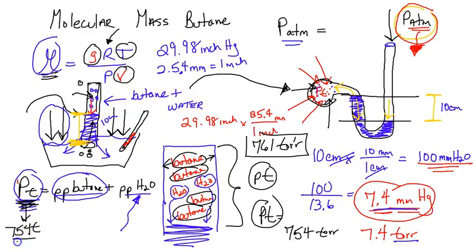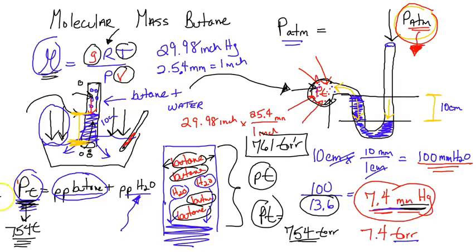How I got to that position was to measure the height of water, consider it a manometer problem, knowing the pressure of the atmosphere from a given weather station or barometer in the room, and knowing how much water was suspended, and converting that into millimeters of mercury using the density of mercury and understanding what a manometer is, we got how much the atmospheric pressure was winning by. Then all I did was realize that's how much this is losing by, right? It's losing the battle of the liquids. And therefore, I subtract that difference. And that's how I got 754.